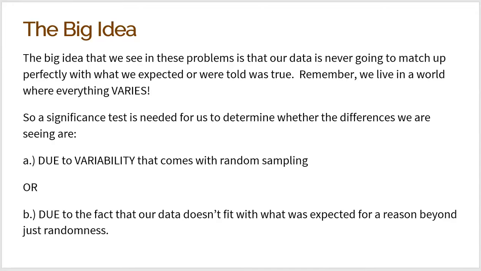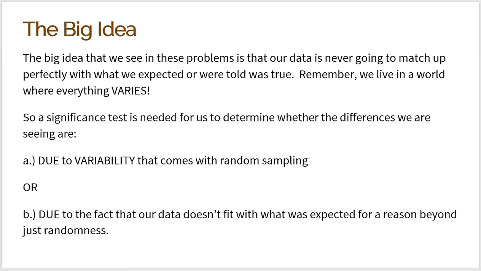But we do need a significance test to determine whether the differences we are seeing are, A, due to just that general variability that comes with random sampling, or are the differences so large that it's due to something outside of randomness, due to the fact that our data doesn't fit with what was expected for a reason beyond randomness. So this is kind of the battle cry. When you see a group of data, you have to first understand you're never going to see exactly what you expected.